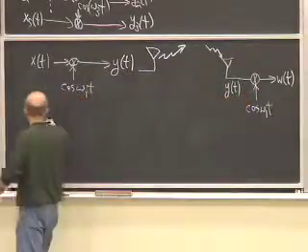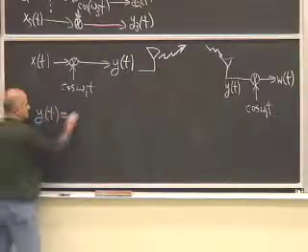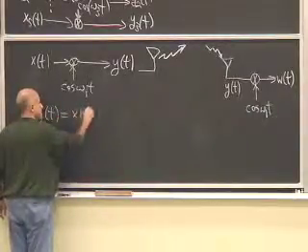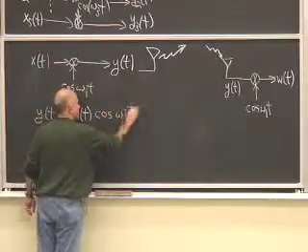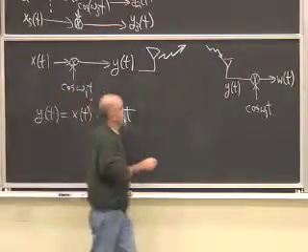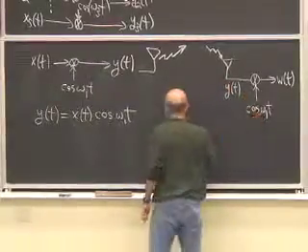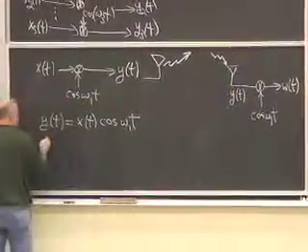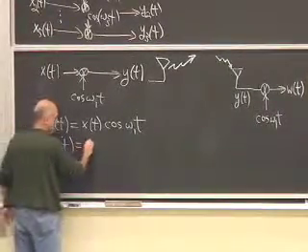So I have y of t that's going out from the transmitter, which is x of t cosine omega 1t. I'm assuming the same signal comes in. I multiply it by another cosine.